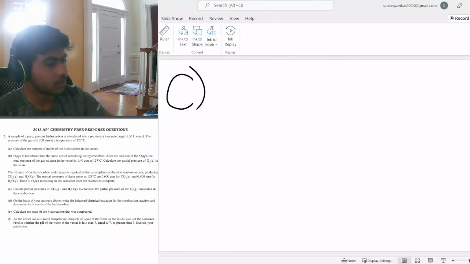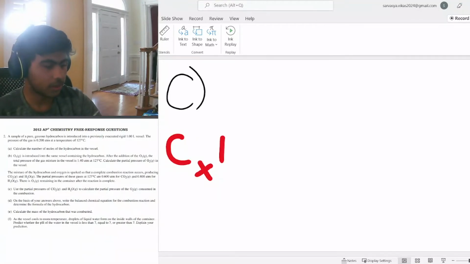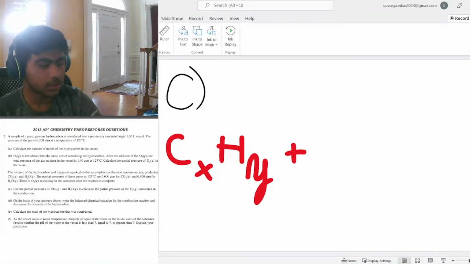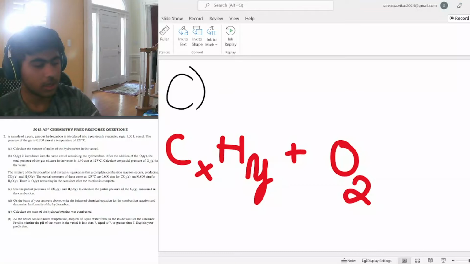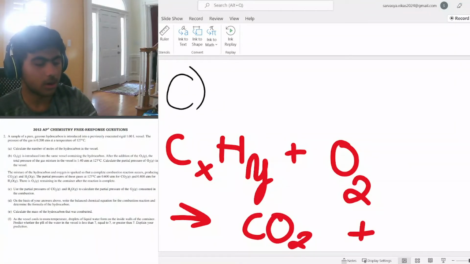Alright, so we have our hydrocarbon here. So we have CxHy, and we're trying to figure out what x and y are, plus some amount of oxygen gas, and that becomes carbon dioxide and water. And how does that help us?